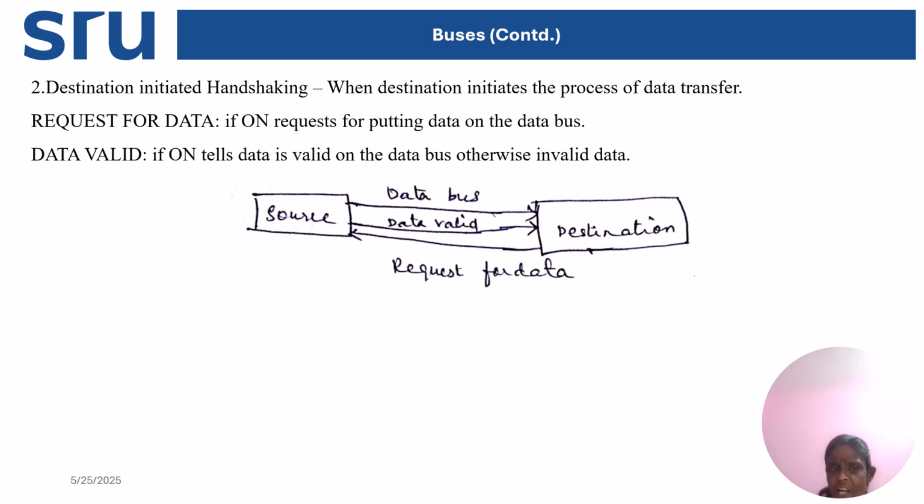Data valid means the source immediately puts the data on the data bus, and after that it sends a second signal to indicate that the available data is valid now. If it is on, it tells that data is valid on the data bus. Otherwise, if the data valid signal is off, the data becomes invalid. If it is on, the data is valid.